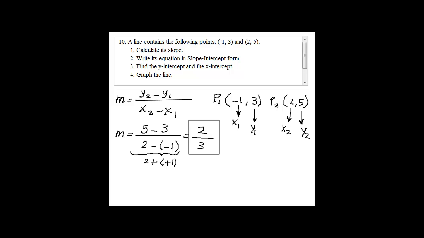Everybody okay? It looks like, to find the slope, now we have to write the equation in slope-intercept form. So what we have so far is the slope and 2 points. So let's take a look at this.